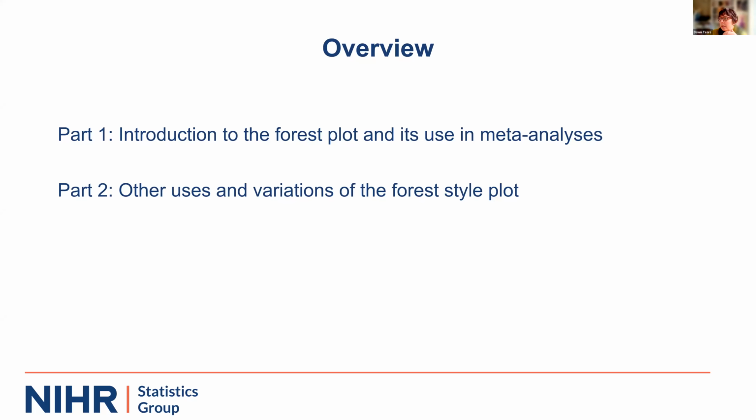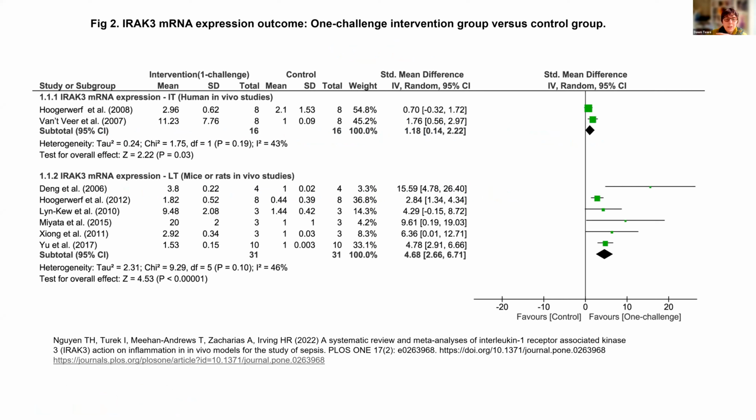And just to make it clear what I'm actually talking about, in case no one's really sure what a forest plot is, here's an example of one, and I'm going to come back to this one later in my talk this morning. So basically the forest plot usually has information about characteristics of studies, so the tabular form of information.